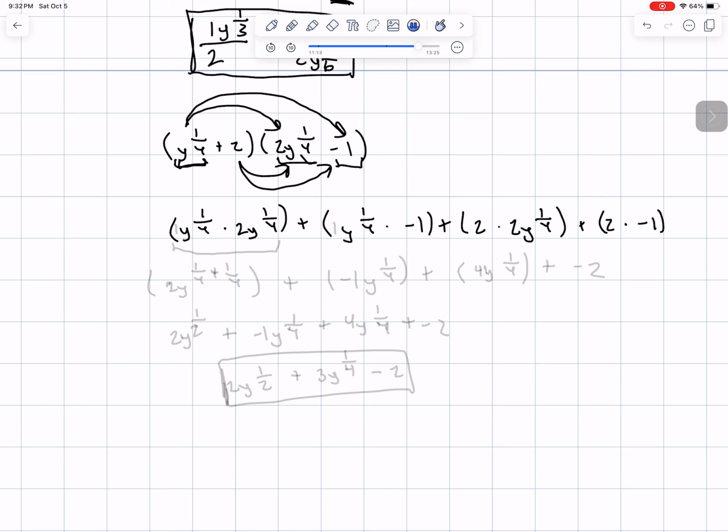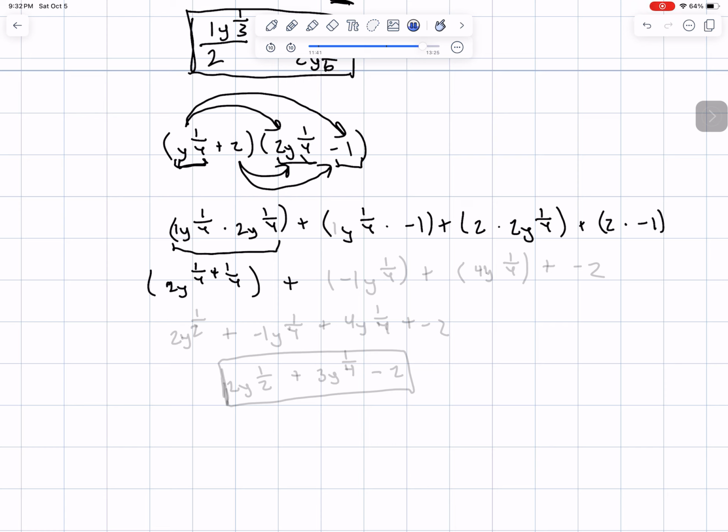Okay. So now we can simplify. So if we're multiplying, like in the first one, that means our exponents have to add. So let's do the first one here. So what's going to happen is you're going to get 2 times 1, well that's 2y, because 2 times 1 is 2, 1/4 plus 1/4. Okay? So you simplified that one a little bit more.